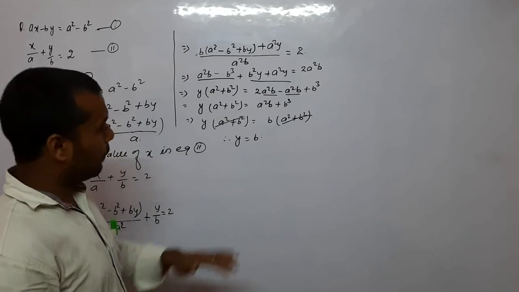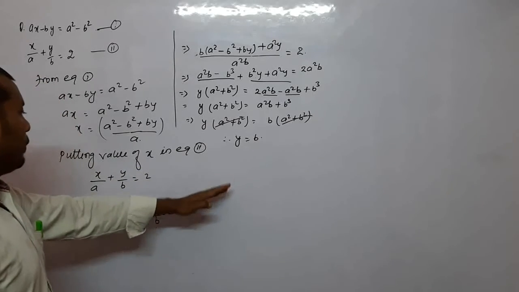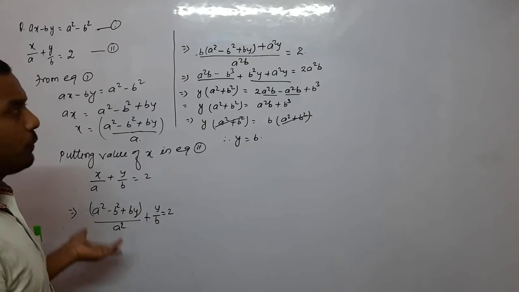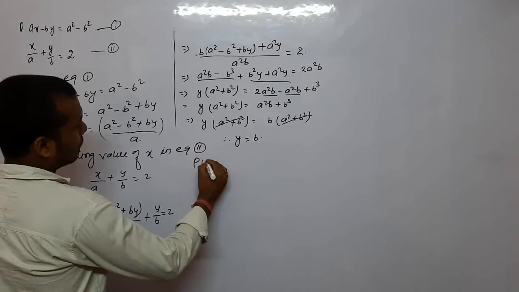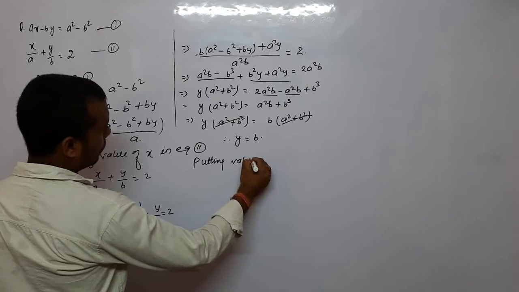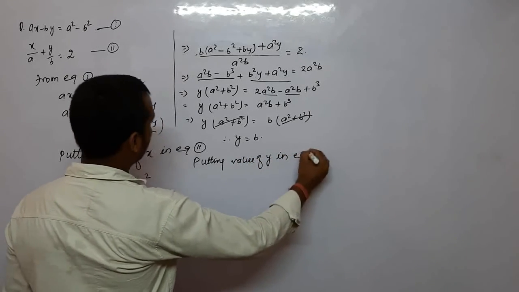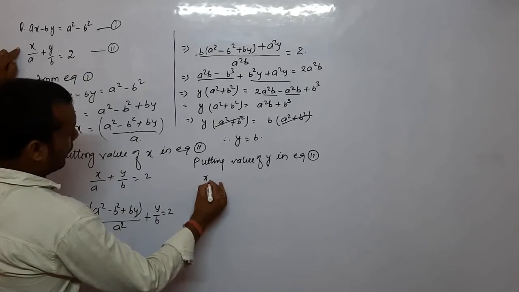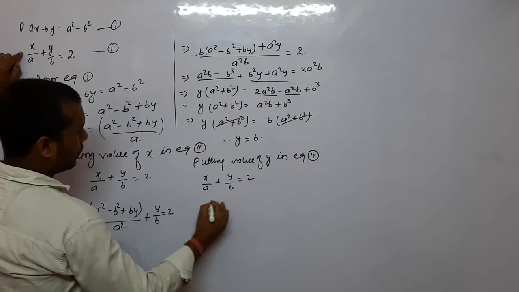Since we have obtained the value of y as b, now put this value of y in either of the equations, you can obtain the value of x. So putting the value of y in equation 2. Equation 2 is x by a plus y by b equal to 2.